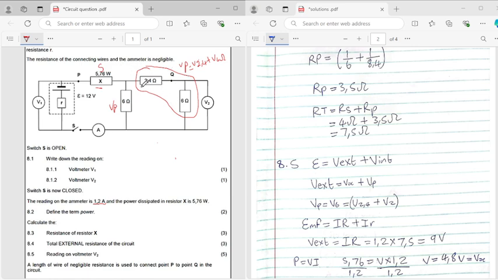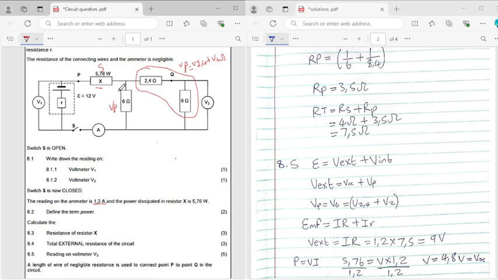Just remember that in parallel the current divides, right? So which means that the 1.2 divides here, and part of it will go this way, another part will go that way. And in series the voltage divides. That's why those two will have different voltages, but the current is the same.